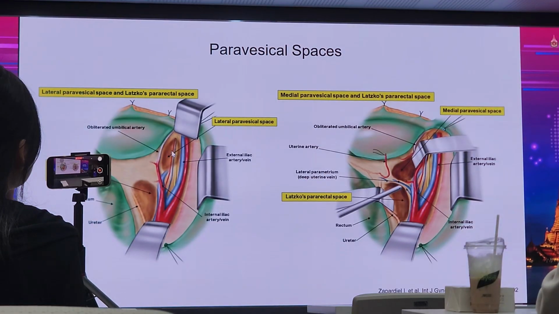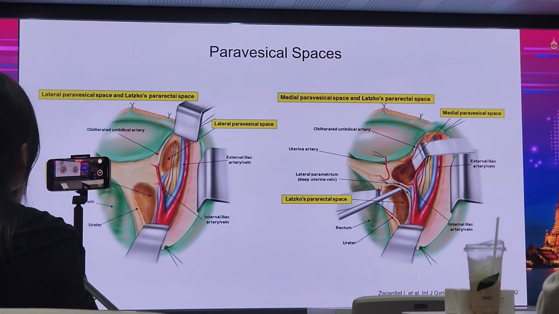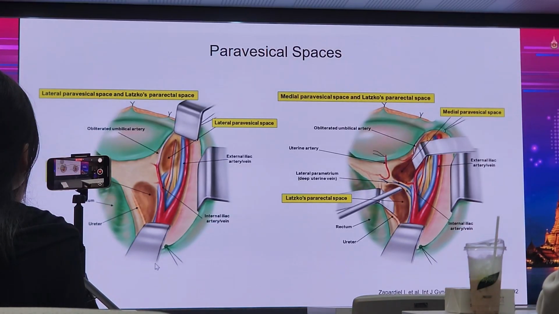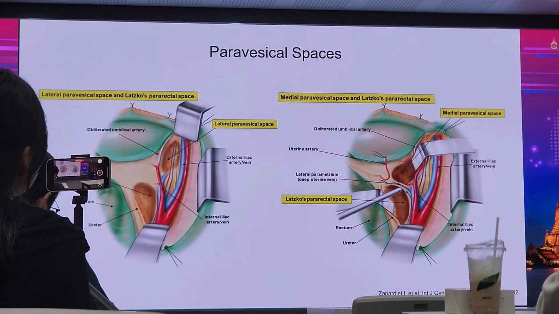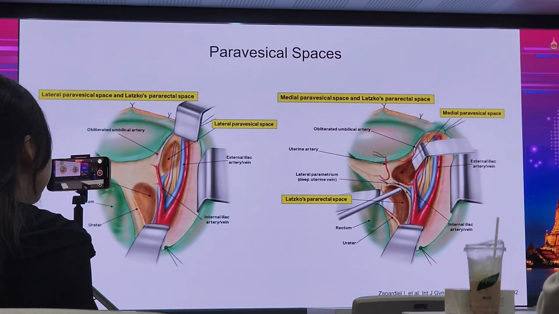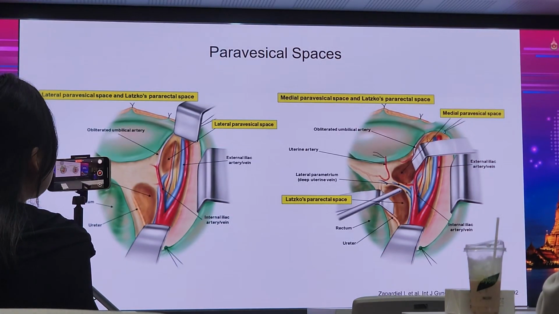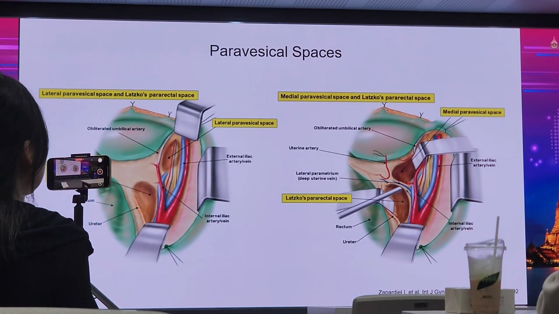This is when you open the retroperitoneal spaces and divide the round ligament, and then you look inside, and there will be a loose space here that, if it's an open surgery, you can walk through with your fingers between the external iliac artery and the obliterated umbilical artery, next to the uterus, and then push your finger downward, and it will go down easily to the lower pelvic wall. But if it's a laparoscopy, you have to use your blunt instrument to create the spaces.